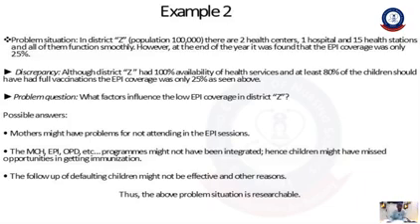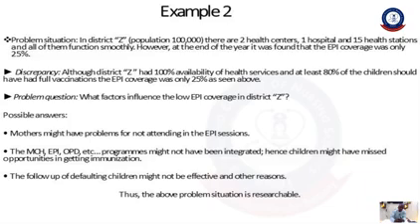That's the meaning of EPI, expanded polio immunization. So the discrepancy is that although District Z had 100% availability of health services and at least 80% of the children should have had full vaccination, the coverage was only 25% as seen above.